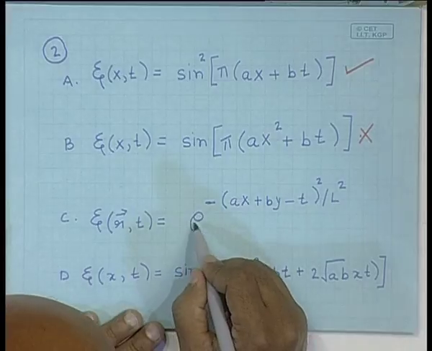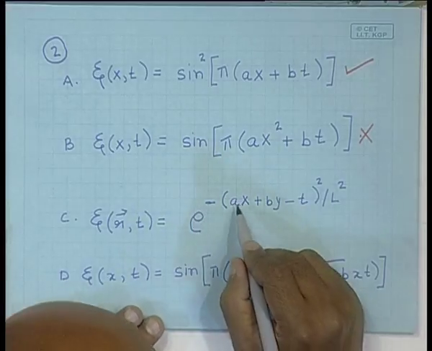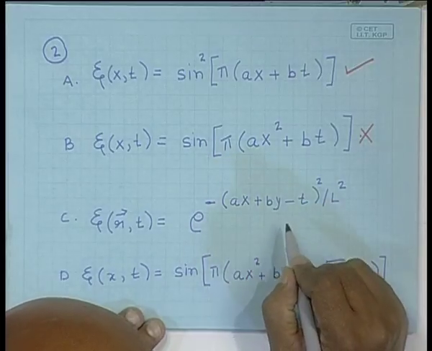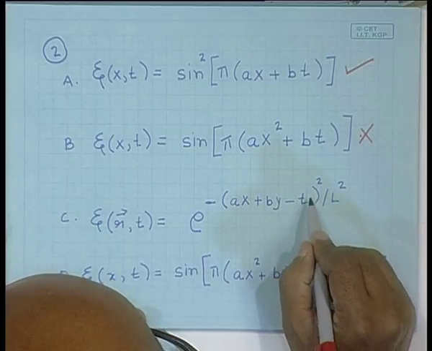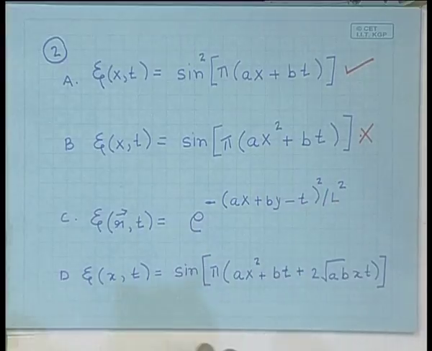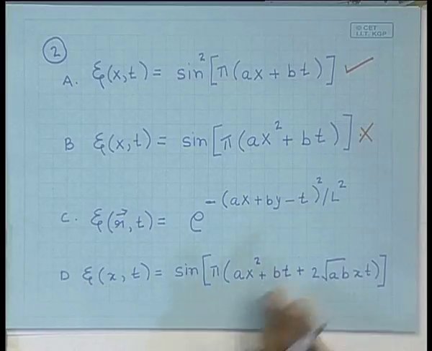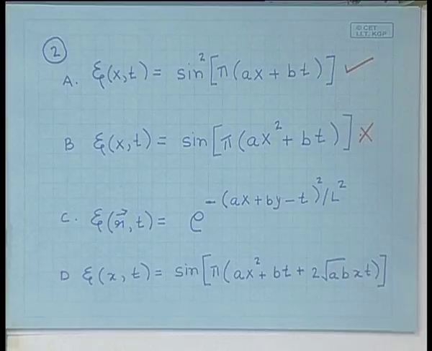Xi is the exponential of minus ax plus by minus t the whole square, the square of this whole expression, divided by L square. So, L is some number of the dimension of time, because this whole thing has to be dimensionless. So, the question is, is this a travelling wave, and if it is a travelling wave, what is the speed?